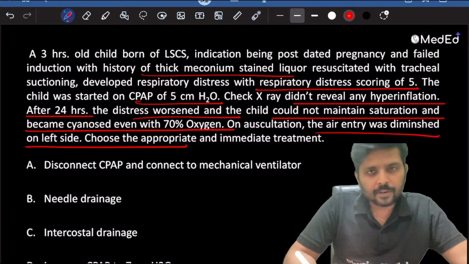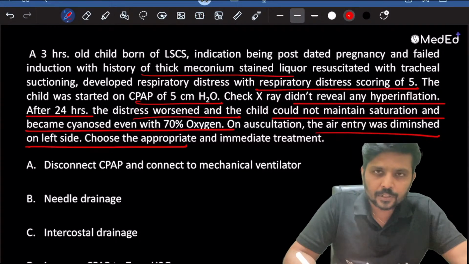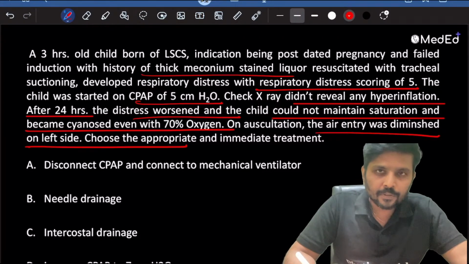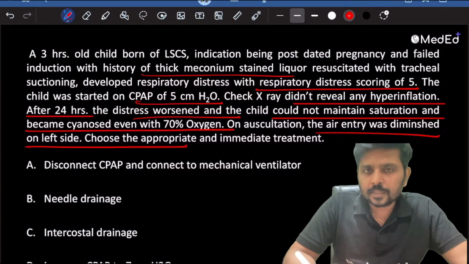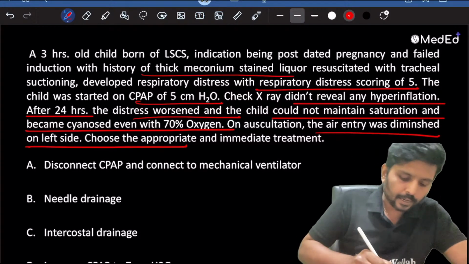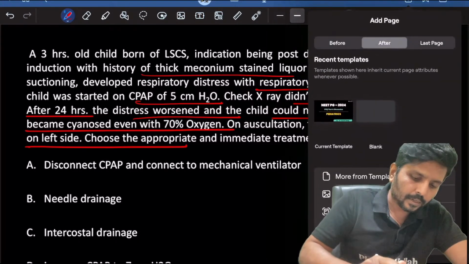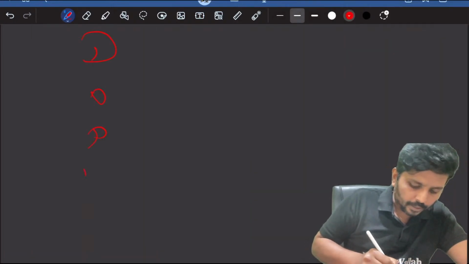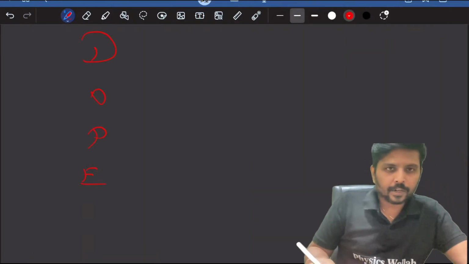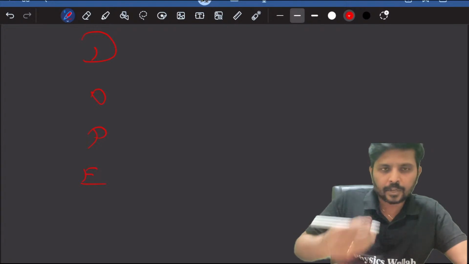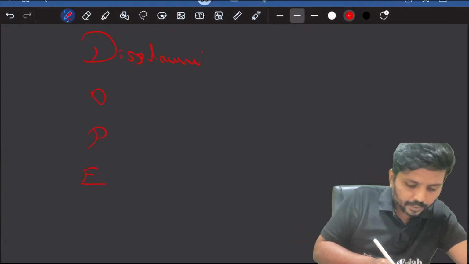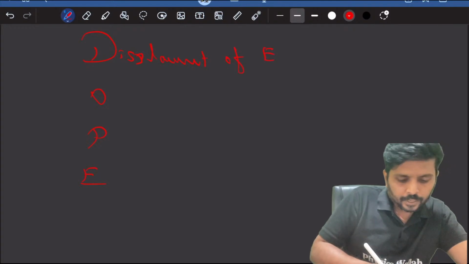Remember, whenever any child is on non-invasive ventilation like a CPAP or BiPAP or invasive ventilation, when the oxygen saturation is suddenly reduced, you need to think in terms of a condition called DOPE, D-O-P-E. What is DOPE? When oxygen saturation is reduced, D is for displacement of ET tube.